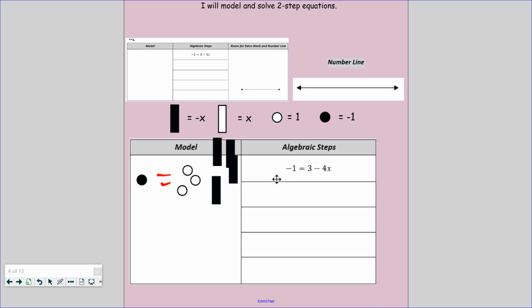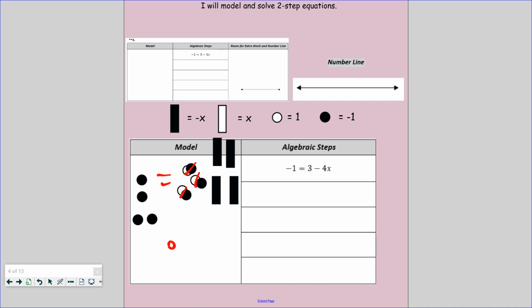How are we going to isolate x? What's the inverse of plus 3? Minus 3. So I subtract 3 on both sides. I cancel 0 pairs out. And now I have 4 negatives. I need to divide them among these negative x's.